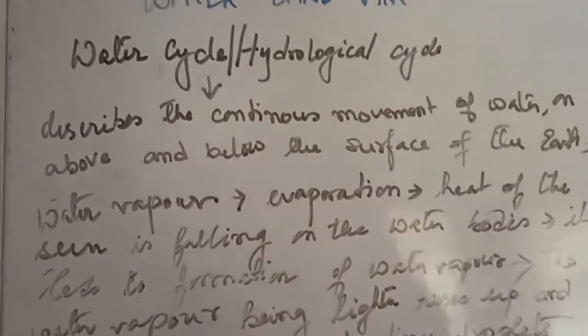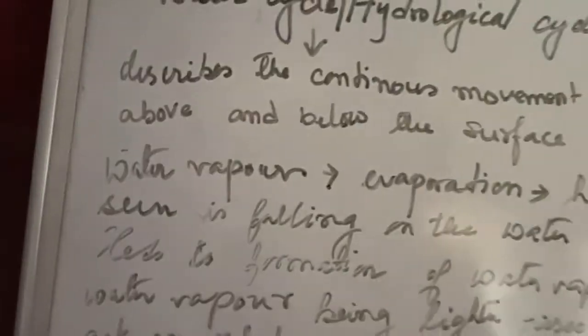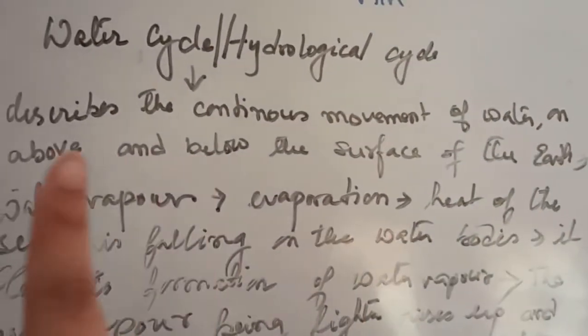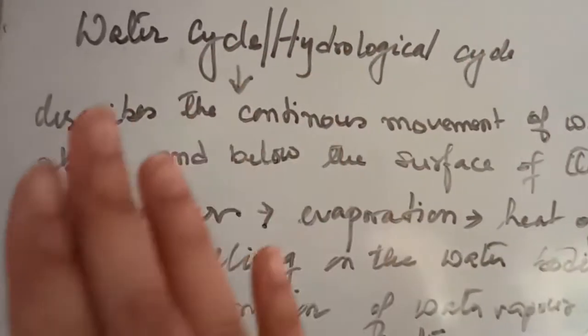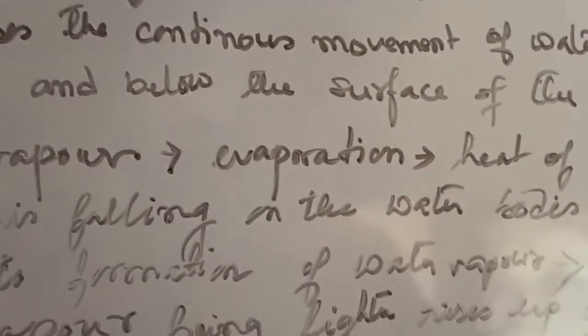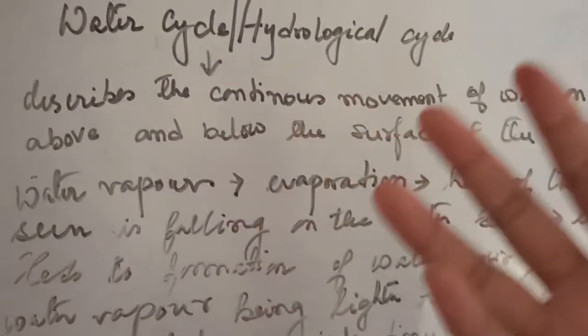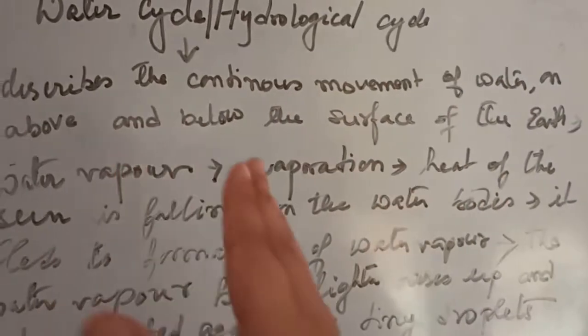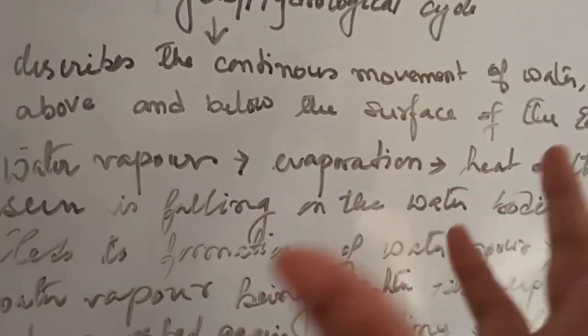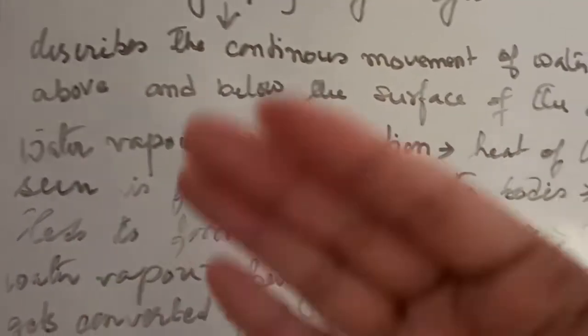So what is this hydrological cycle or the water cycle? In short, it describes the continuous movement of the water on, above and below the surface. The process starts with evaporation. When the sun rays fall on the water bodies, the water turns into water vapor.